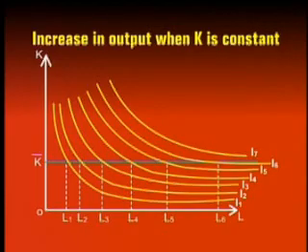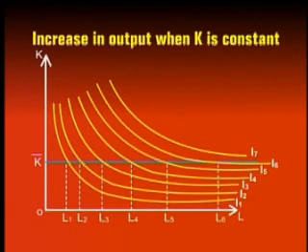from I1 to I2. However, as we move further and further to the right, we need much larger increases in labor. That is, L3 minus L2 is bigger than L2 minus L1, although it is also giving us the same benefit. That is, we are also still jumping to 1 degree higher isoquant, not 2 or 3 degrees.